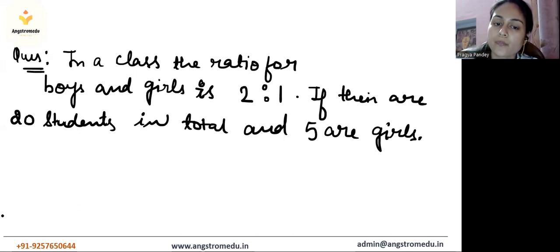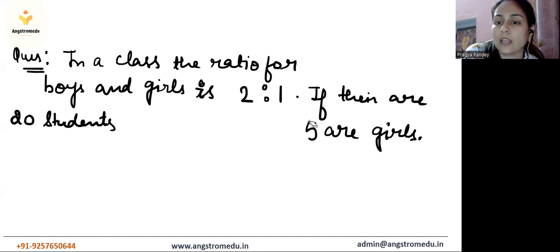Okay. So they are saying find the number of boys. Or we can just do it in that way, in total. And you are supposed to find out the boys and girls. Now I'm just changing the question for a while. Yes, here is the question.